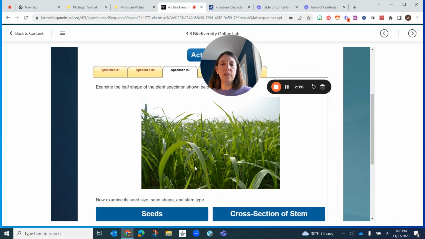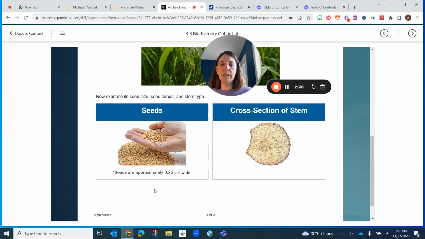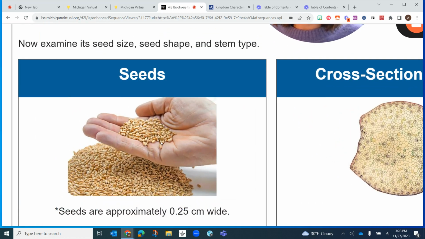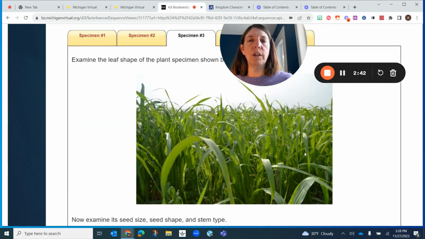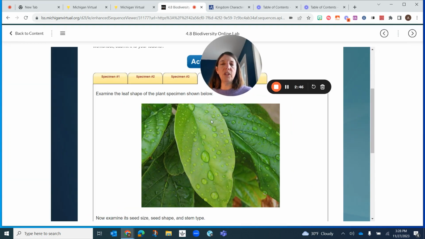Specimen 3, look at those leaves this time. Again, very different. The seeds are pretty small this time, and it's even hard to see the shape of them, but they're almost more like oblong. And then the cross section again is not organized the same way. Number 4, we're looking at the leaf shape again. It's very entire.